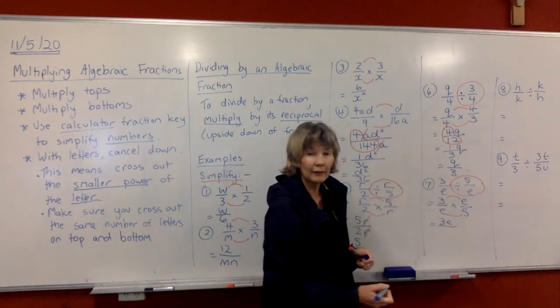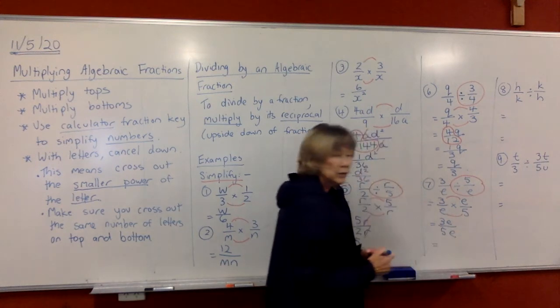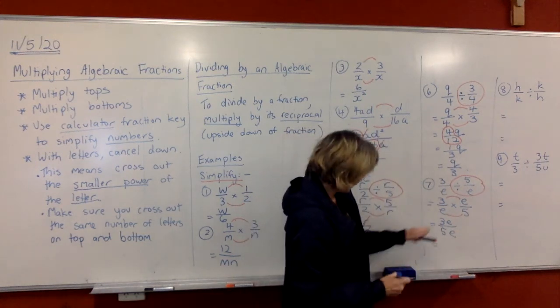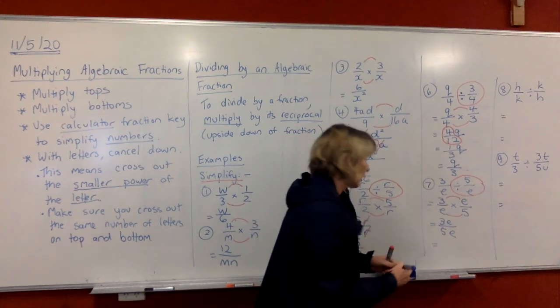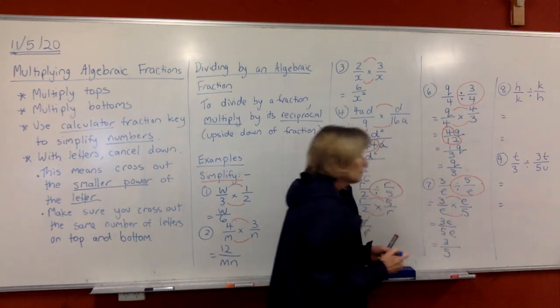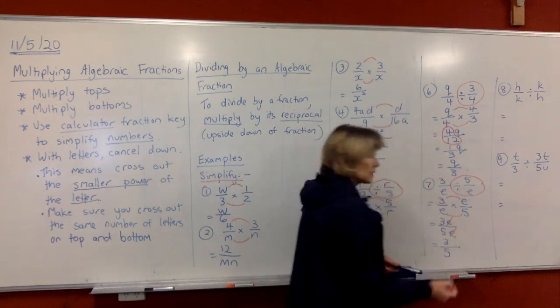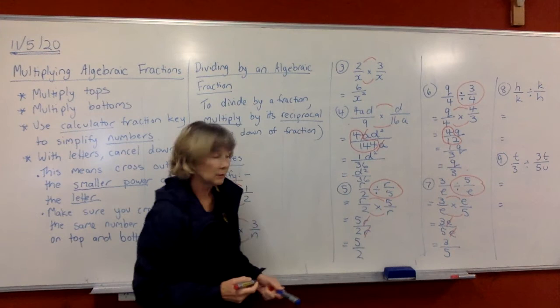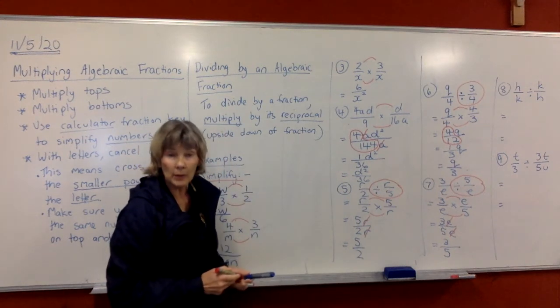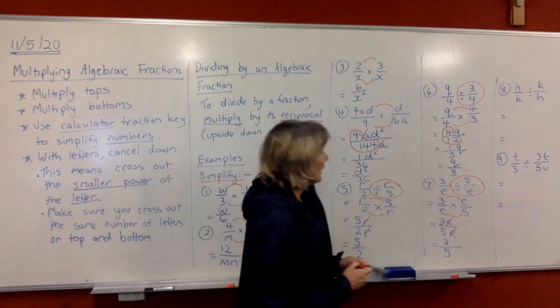E times 5 is 5E. If you go to your calculator and put in 3/5, it gives you 3/5. And the E and the E, we can cross them both out, cancel them down, and we end up with no E's left. 3/5 is your answer.